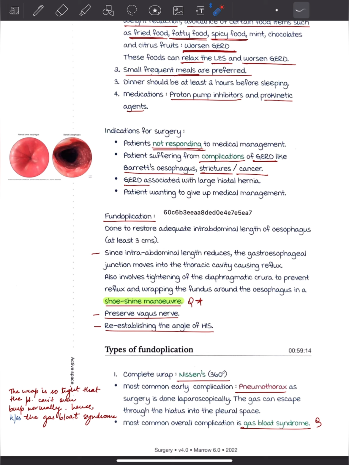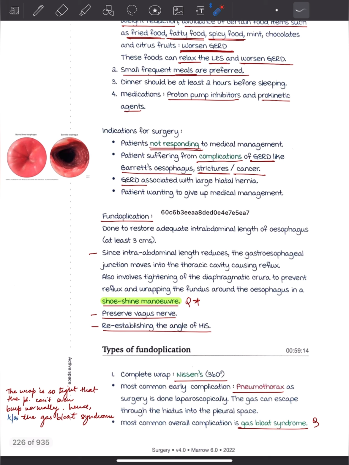And we do fundoplication. It actually involves tightening of the diaphragmatic crura to prevent the reflux and wrapping the fundus around the esophagus in a shoe shine maneuver. We have to remember this name because this can be asked as a question in the exams. In this surgery, we also have to take care of the vagus nerve, we have to preserve the nerve, and we have to re-establish the angle of His.